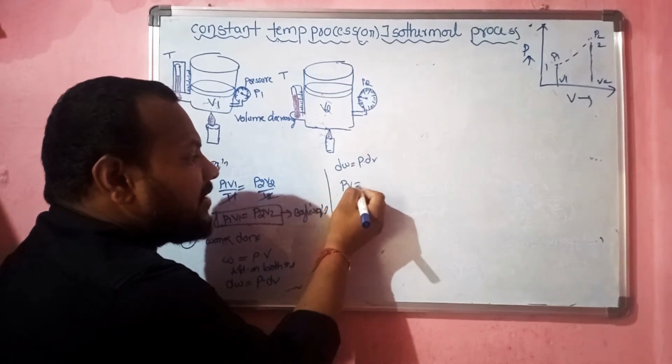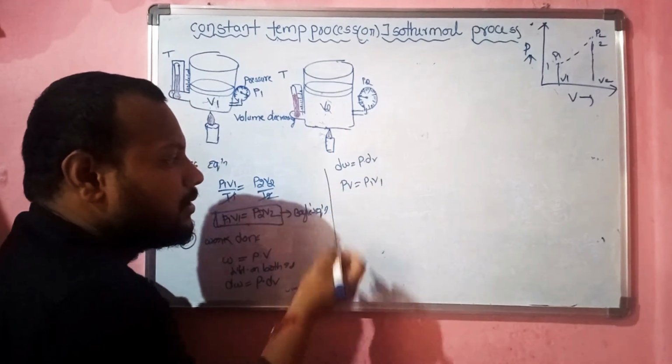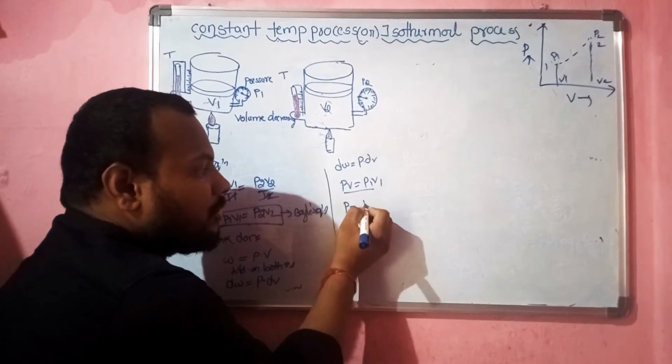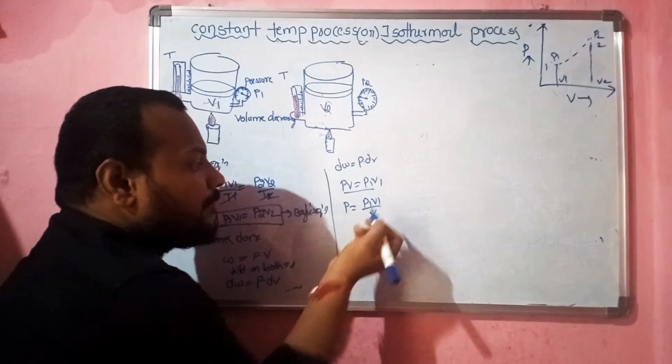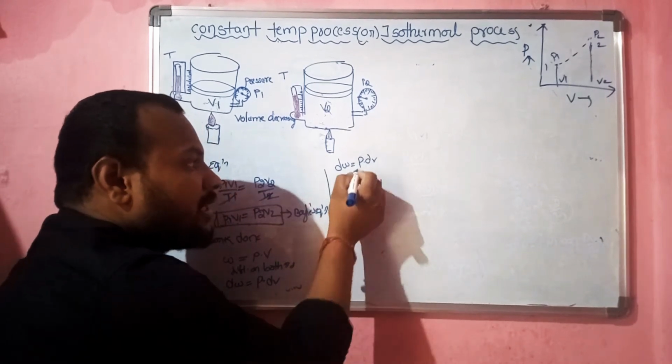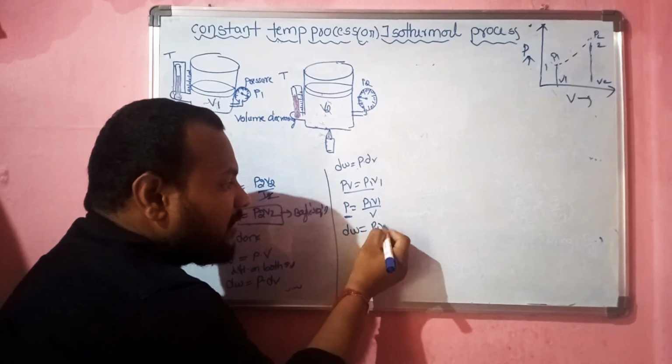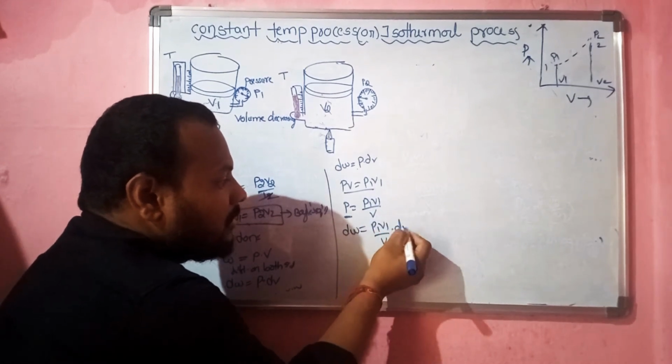Then we can write PV is equal to P1 V1. Using this equation, we find the P value: P is equal to P1 V1 by V. Now substitute the P value here, then dW is equal to P1 V1 by V into dV.